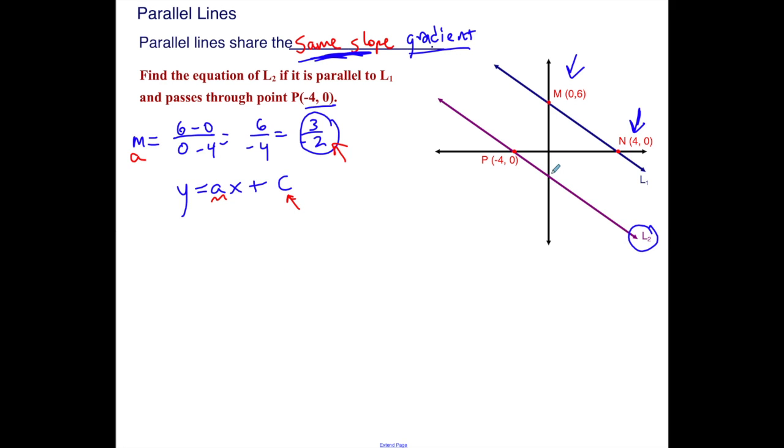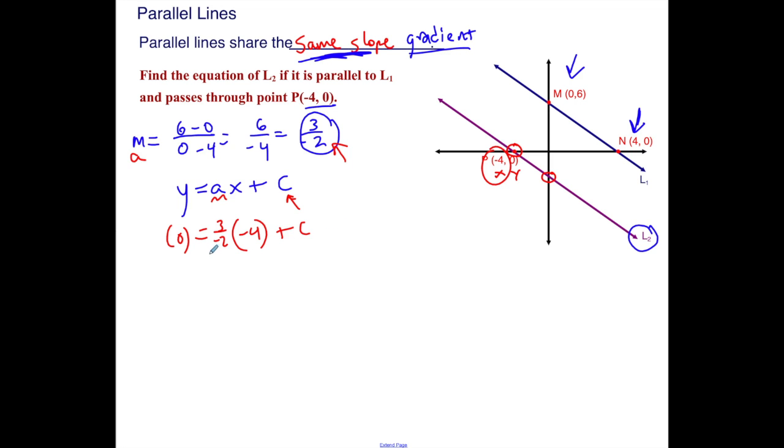Well, we don't know what this is on the graph, but we do have a point that's on L2. So let's use that x and y right here to figure out what c has to be. Let's fill it in. So we know y is 0, so I'll put 0 for y, equals, my slope is 3 over -2, x, we're getting x right here, -4, plus c.